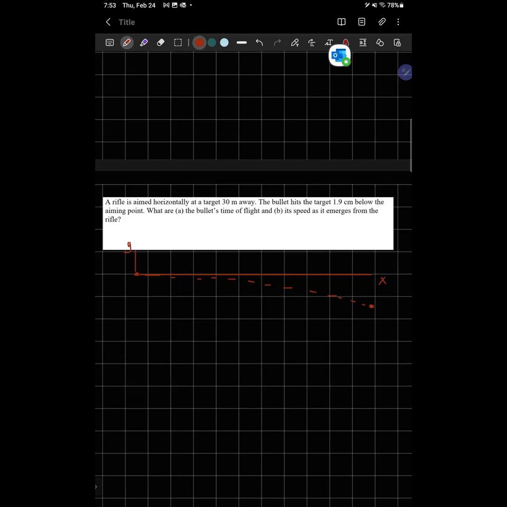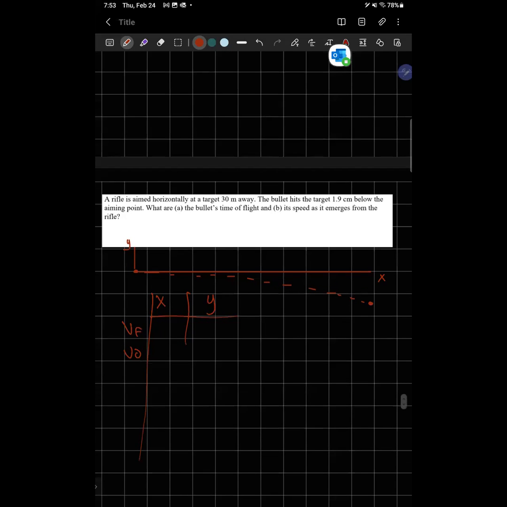How am I going to solve this? So you have to break it up into your x and y components. X and Y components. VF, V naught, R initial, R final, A and T.